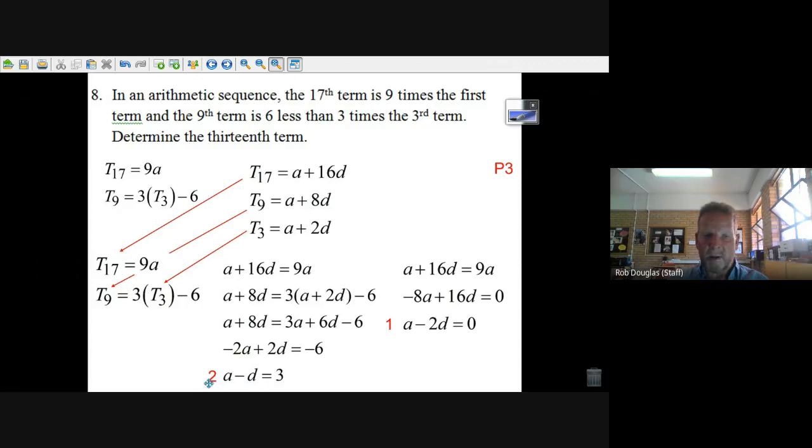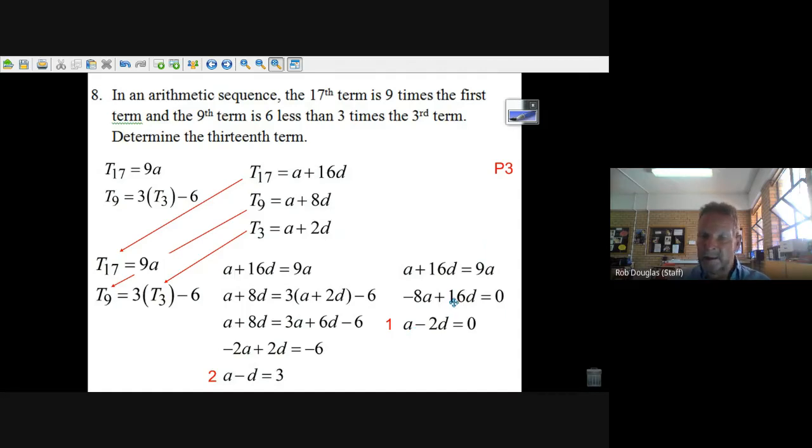We're going to solve a system of equations. Okay, let's take the first equation here. A plus 16d equals 9a. And we'll simplify it. We'll subtract 9a. A minus 9a is minus 8a. Then we're going to divide both sides by negative 8. Negative 8 divided by negative 8 is positive a.